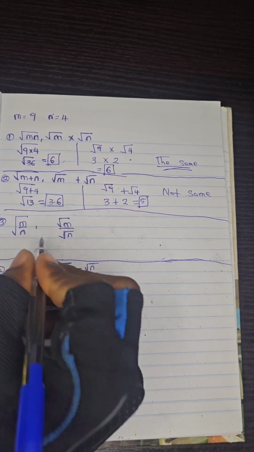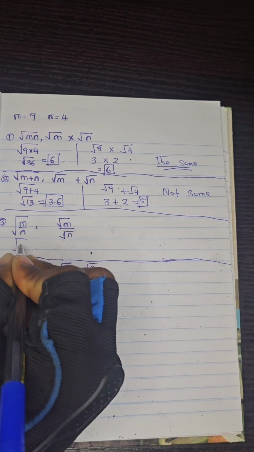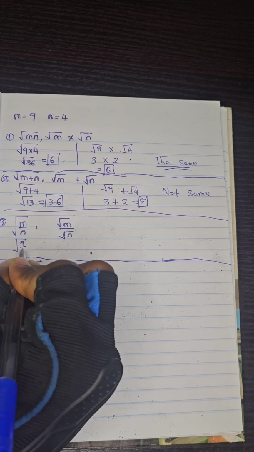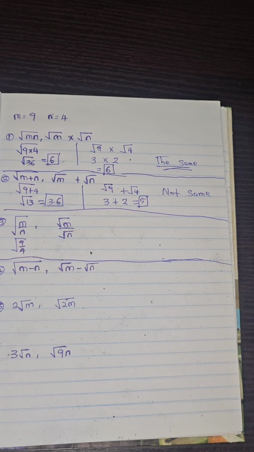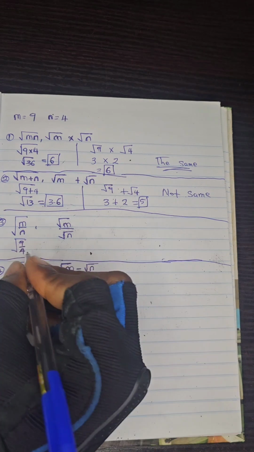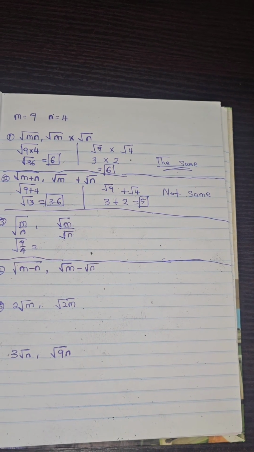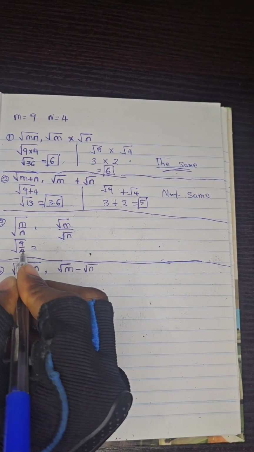So we come to this one. Let me solve for this. This will be square root of 9 over 4. If we solve this on a calculator, 9 over 4 is 2.25.